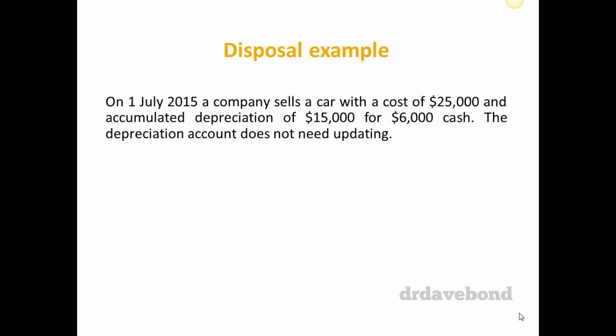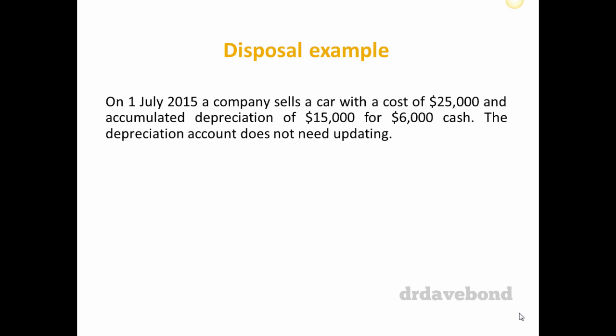So to do that, it would be 25 and 15. We debit accumulated depreciation 15,000. We credit car 25,000. We get cash of 6, so we debit cash 6,000.